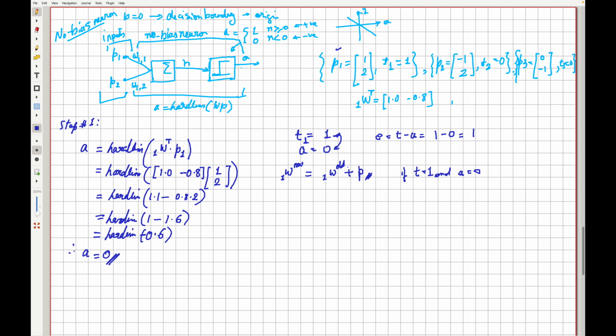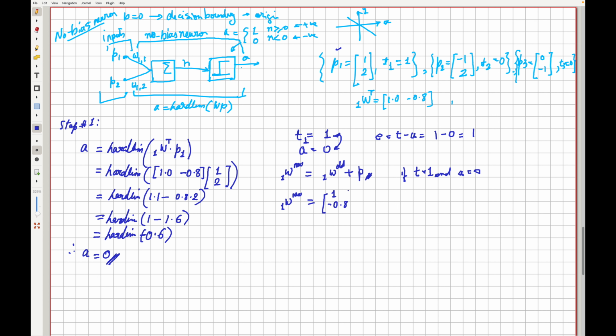And so the thinking behind adding the value of p is that hopefully by adding the value of p, we would get this new value of vector W closer to the ideal value of W that will lead us to the best possible decision boundary. And so let's go ahead and calculate our new W. So W new is equal to the previous value, which is simply (1, -0.8).